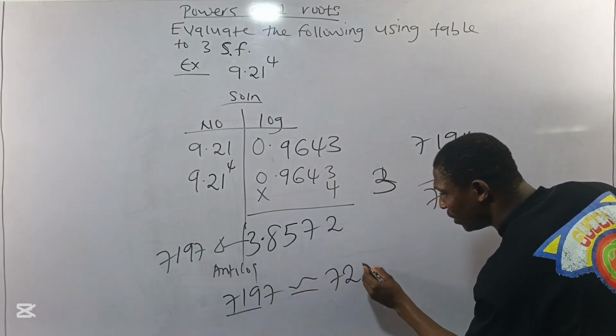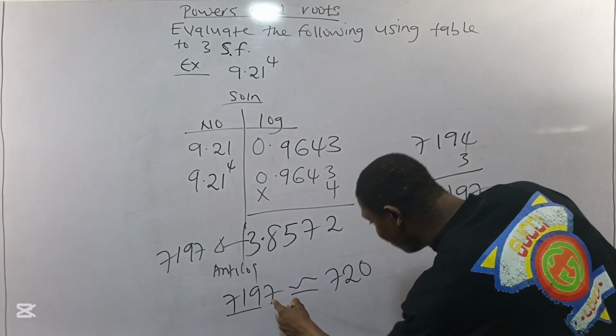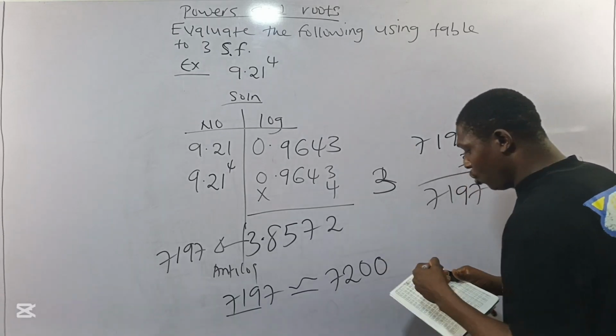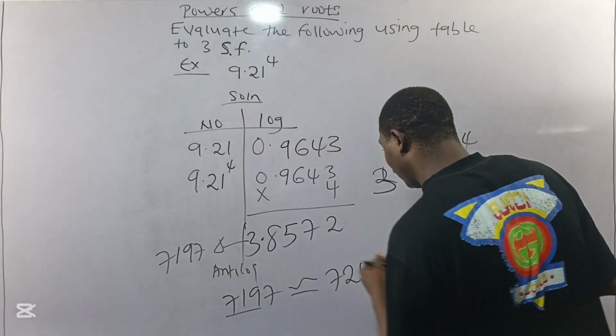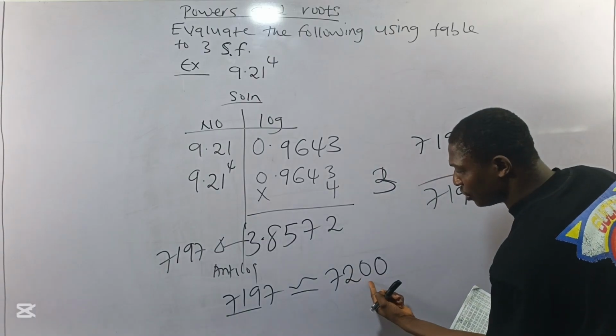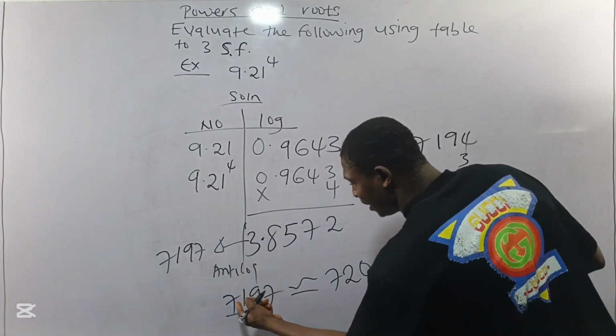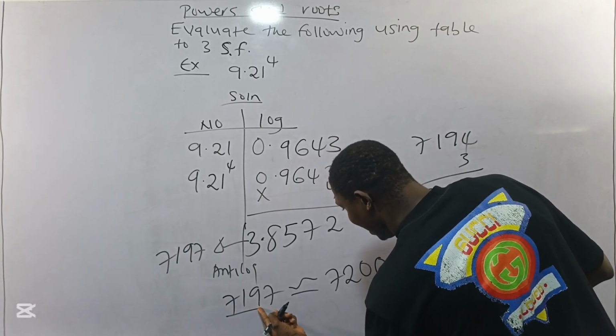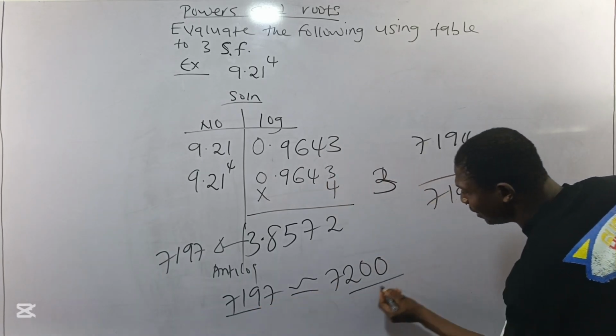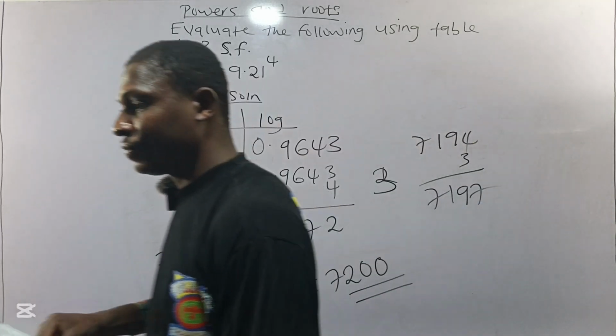So I have 720, and this becomes 0. So if I round up 7197 to 3 significant figures, I'll have 7,200. This is increased because the digit closest to the third significant figure is greater than 4. And this is my answer.